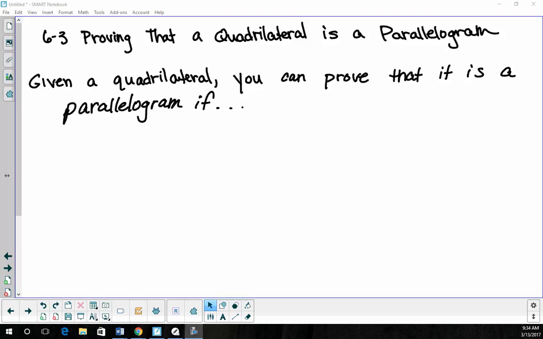So if you have a quadrilateral, a four-sided figure, you can prove or show, or whatever word you want to use there, that that quadrilateral is a parallelogram if, and then there's a few different conditions. One of them, if both pairs of opposite sides are congruent.